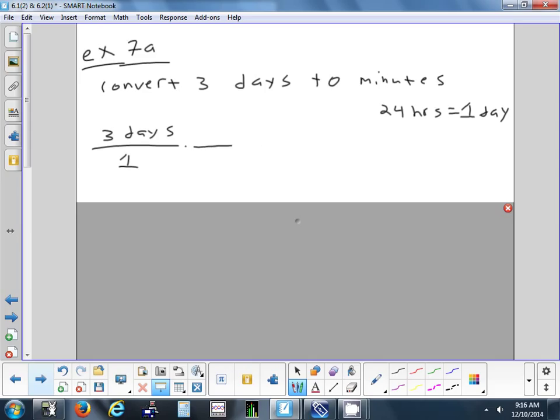The way you figure it out, we want days to cancel out because we're trying to get to minutes. Where would days have to go to cancel out? The top or the bottom? The bottom. Now look at your equation. In 1 day, there's 24 hours. If you stopped there, now you'd have hours.